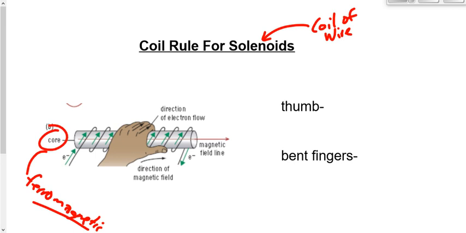So what you end up having here is a loop of wire that generates a magnetic field in a certain direction, and then another loop of wire that generates a magnetic field in the same direction, and then another one that generates a magnetic field in the same direction. So what do you end up with here? Not just a little magnetic field caused by one wire, but you end up with a big magnetic field caused by this loop of wire, and this loop of wire, and this loop of wire, and so on.